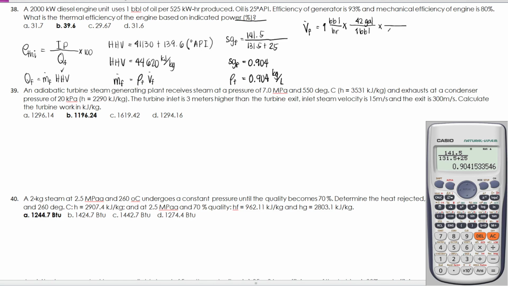At ang 1 gallon is equivalent naman sa 3.785 liters. So, cancel out yung gallons, cancel out yung British barrel, makukuha natin to in liters per hour. So, 1 times 42 times 3.785. That is 158.97 in liters per hour.